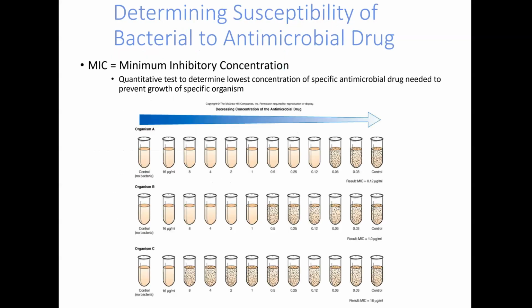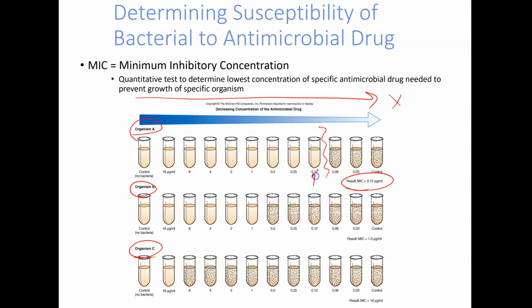So one method of determining susceptibility is through determining what's called the MIC. The MIC is the minimum inhibitory concentration. So if we look here, we have three different organisms, organism A, organism B, and C. And we have decreasing concentration of some antimicrobial drug X. So we can see that at some concentration, the bacteria is going to drop below the minimum inhibitory concentration.